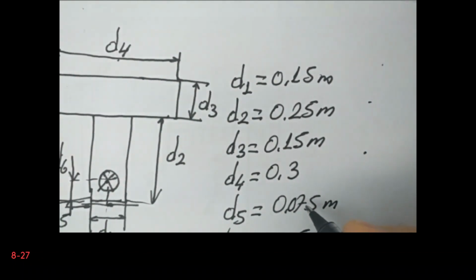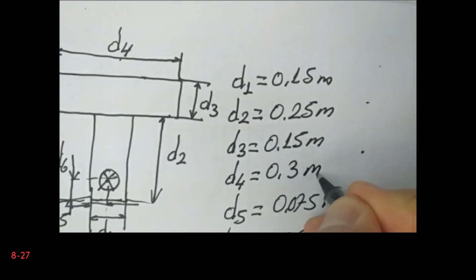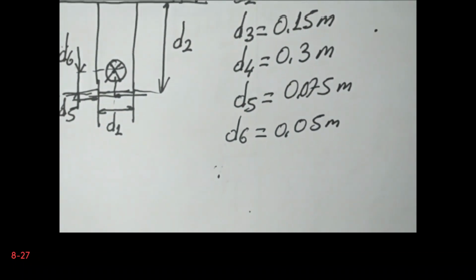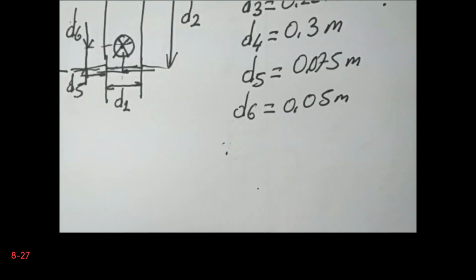Okay, so now the first thing that we need to do is to determine the location of the neutral axis. Of course, the neutral axis is somewhere here.